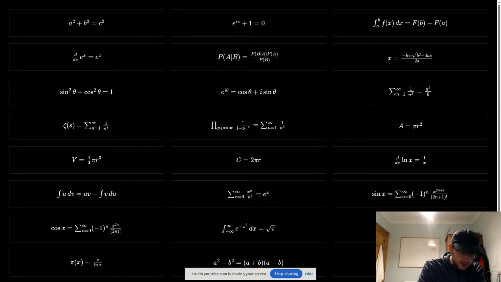But nonetheless, here they are. x^5 - y^5 is (x - y) all times (x^4 + x^3 y + x^2 y^2 + xy^3 + y^4). Whereas x^5 + y^5 is (x + y) all times x^4 - x^3 y + xy^2.